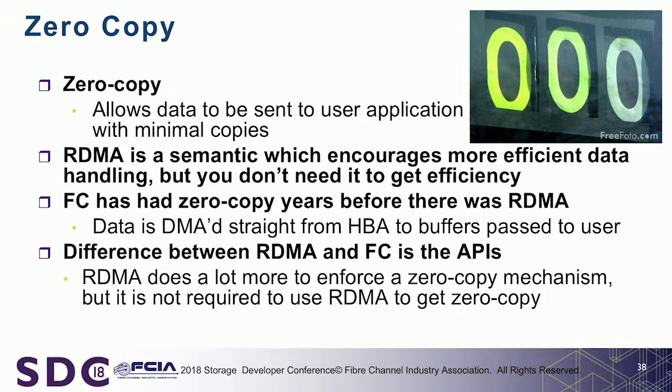You don't need to have RDMA to do zero copy. Most of the FC implementations have been doing zero copy for 20 years before there was an RDMA. Really, the difference between RDMA and what the FC devices are doing is the APIs. There didn't exist an RDMA API when FC was defined, but it still uses a zero copy architecture.